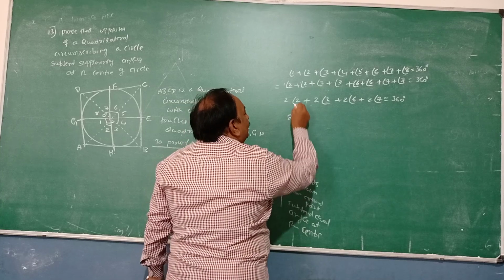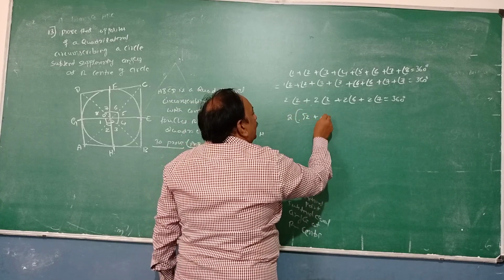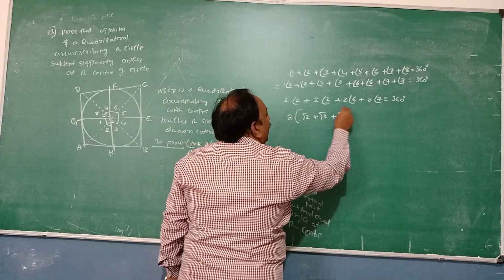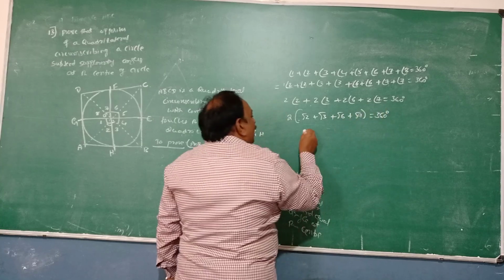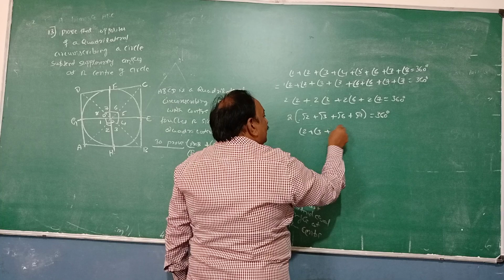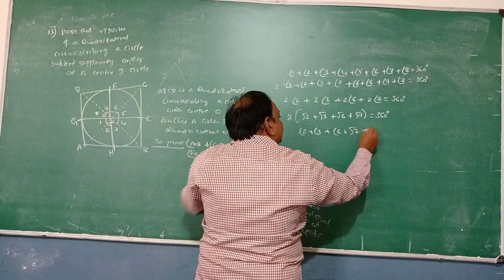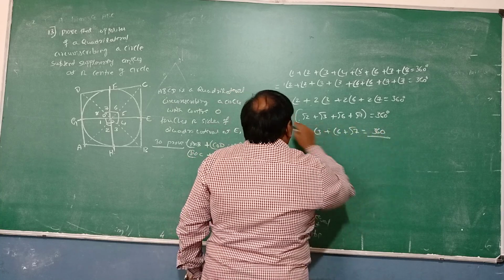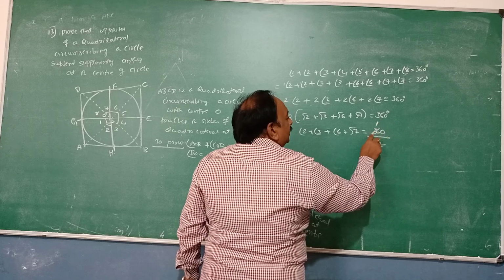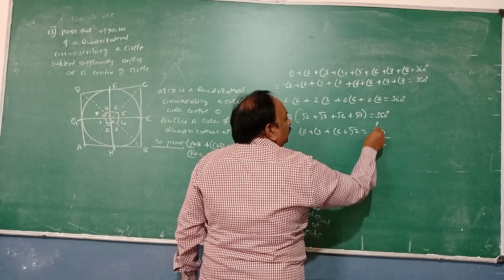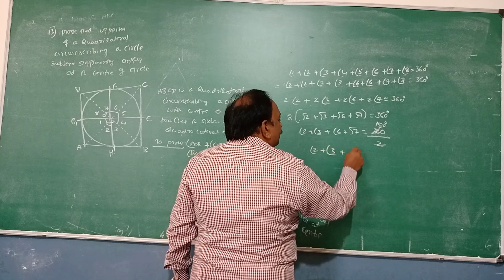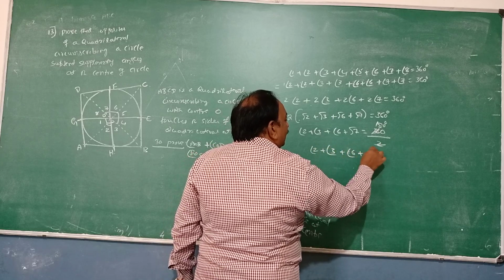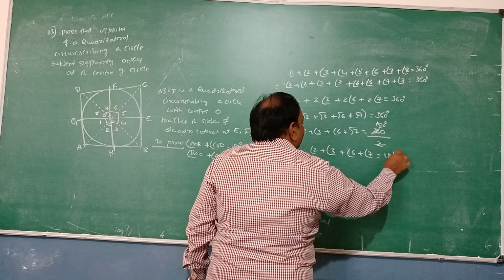Take 2 as the common factor: angle 2 plus angle 3 plus angle 6 plus angle 7 is equal to 360 divided by 2. Angle 2 plus angle 3 plus angle 6 plus angle 7 is equal to 180 degrees.